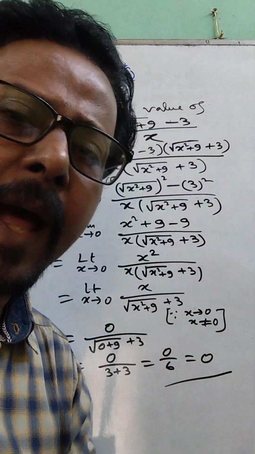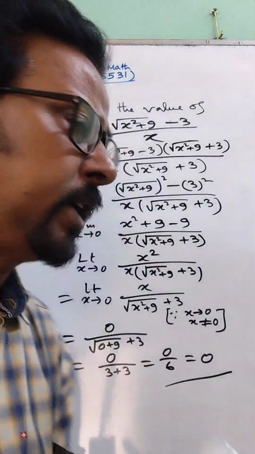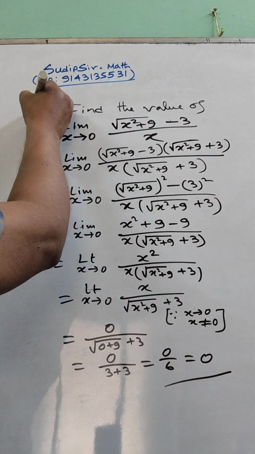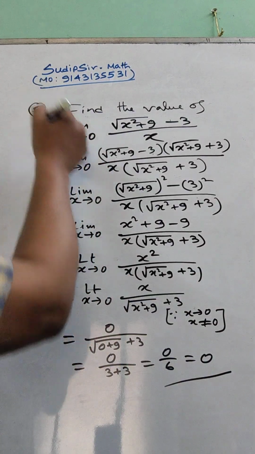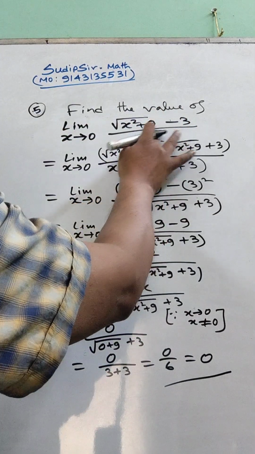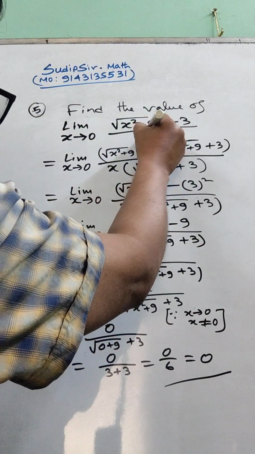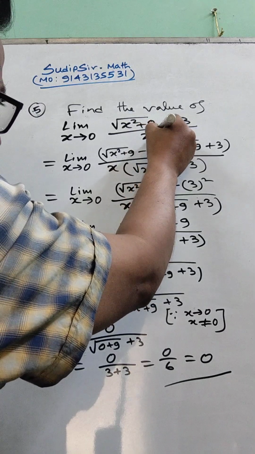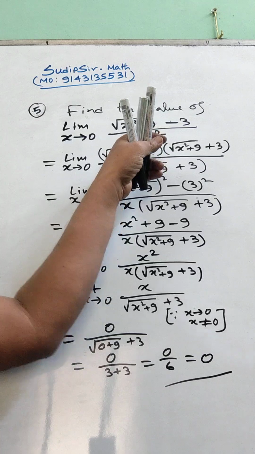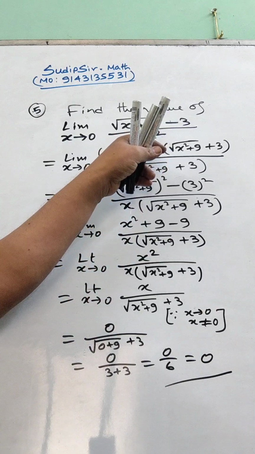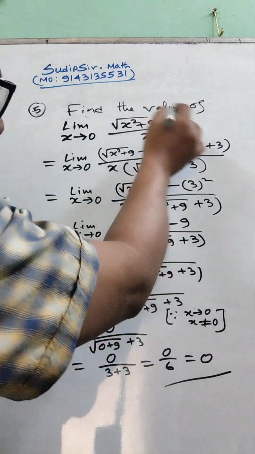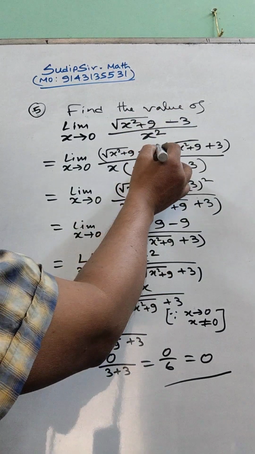Clear? Now say if this equation, number 5, is the same, limit x tends to 0, all are same, just x square in the numerator. New sum, just this is x square. So we have to do everything same.